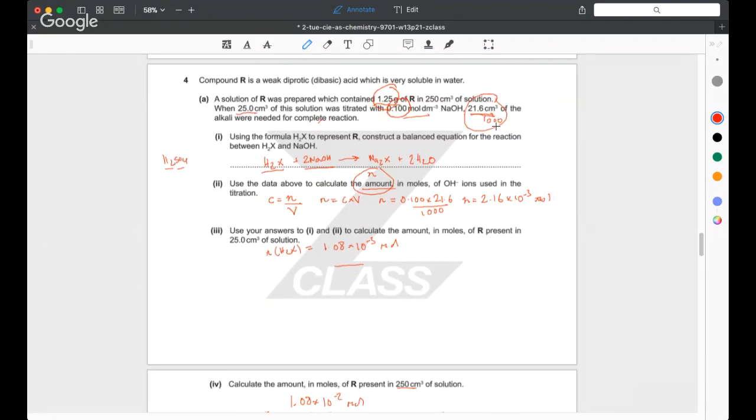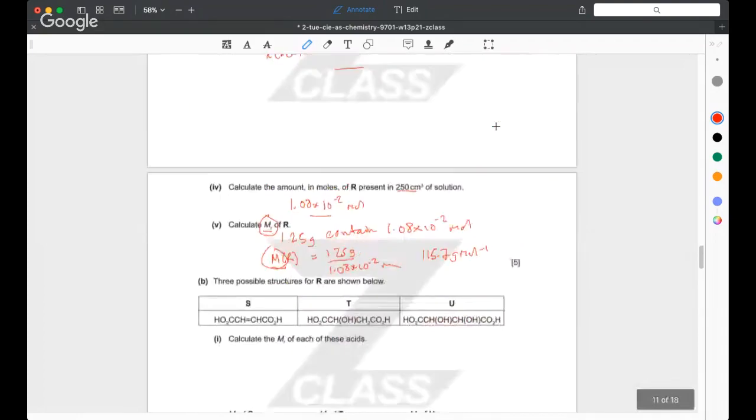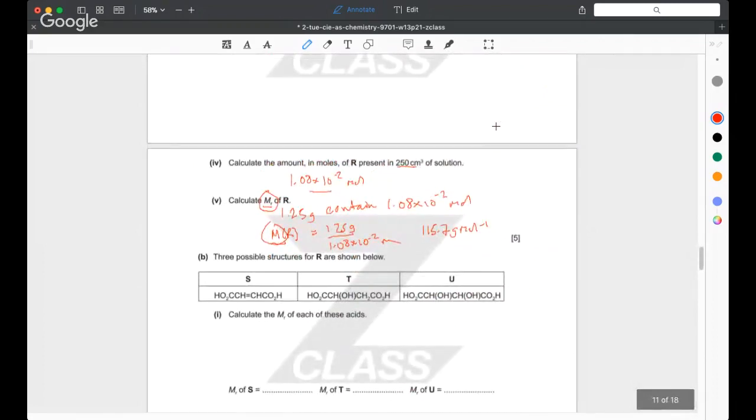We've had 3 significant figures all the way through, and so your answer needs to be expressed to the same number of significant figures as the smallest number of significant figures in the question. So that relative molecular mass has got to be expressed as 116. So the relative molecular mass is 116.